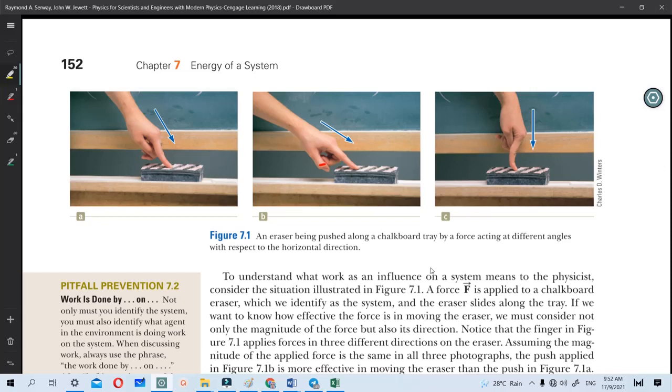Now that goes the same with this figure. Let's look at C, because that's the easiest. This is where displacement should occur, in the direction of the surface, either to the left or to the right. But by pushing it, this is the force applied onto the eraser.